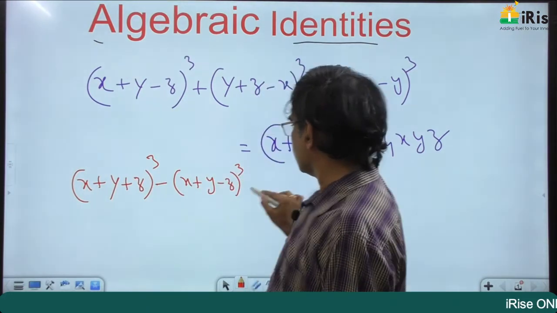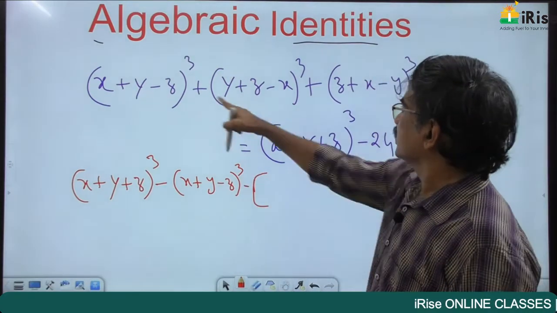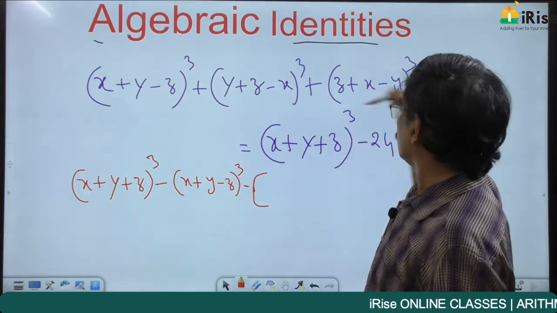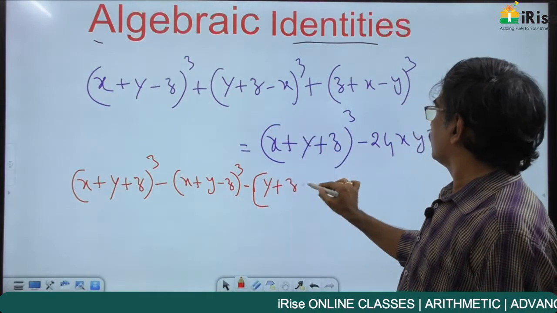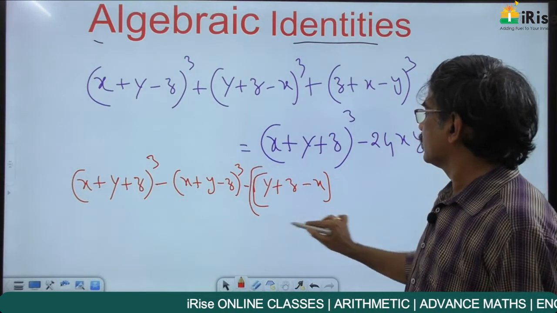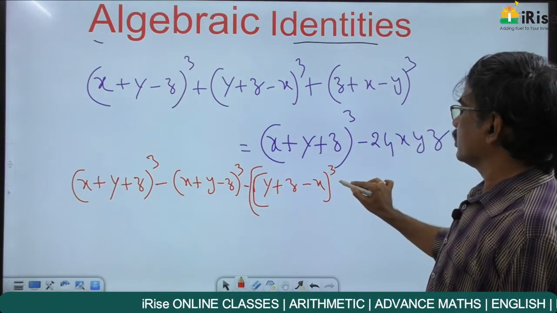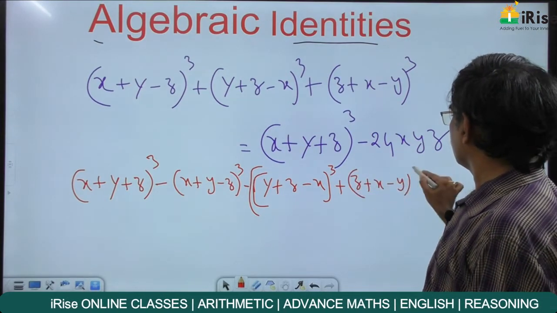Find the answer for this. Minus of, just transfer these three to the right side. (y plus z minus x) whole cube, plus (z plus x minus y) whole cube.